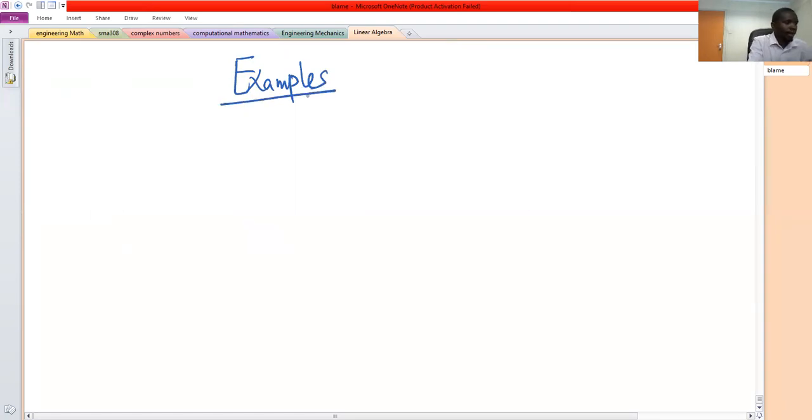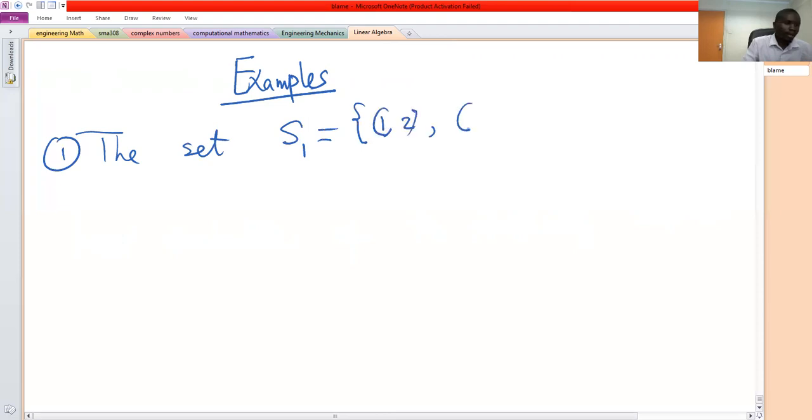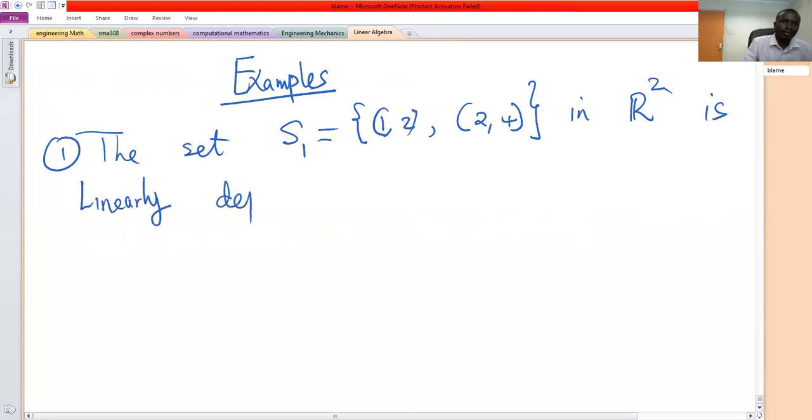In this first example, the set S1 given by these two vectors, (1, 2) and (2, 4) in R2, is linearly dependent. So, a quick proof. Let the first be V1 and the second be V2.